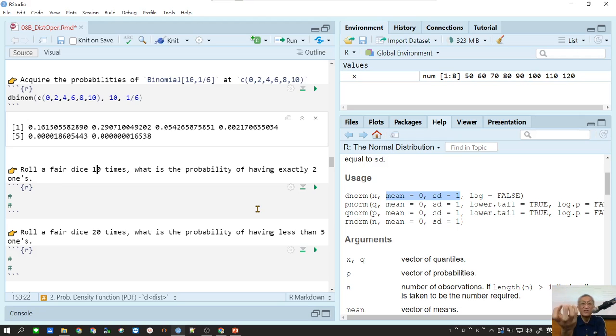The probability that 1 appears is 1/6, and you roll it 10 times, right? And you want the probability of having exactly 2 ones. You actually can look at this, right? You actually have the answer here.